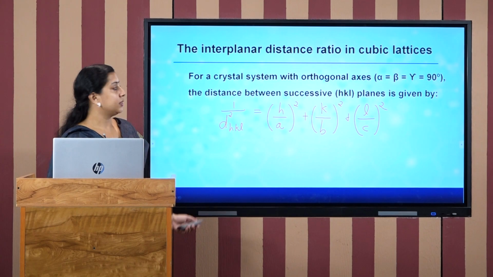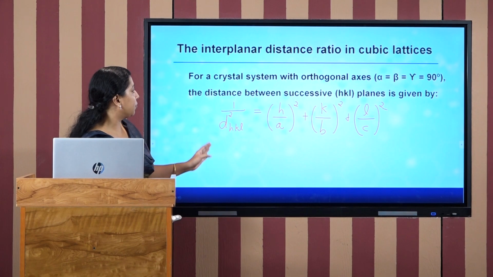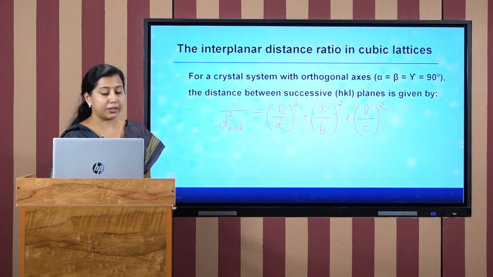So, this is the formula for the distance between the successive hkl planes.